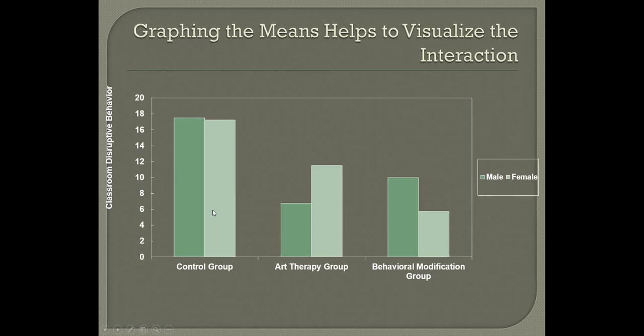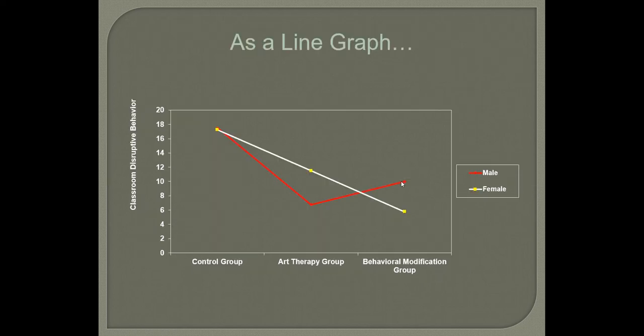Here we can see in these hypothetical data, there's no difference between males and females in the control group. In the art therapy group, it seems that the females are scoring higher than the males, whereas in the behavior modification group, that difference has flipped around on us. We could also look at this as a line graph, but since both IVs are categorical, it's preferable to do a bar graph.